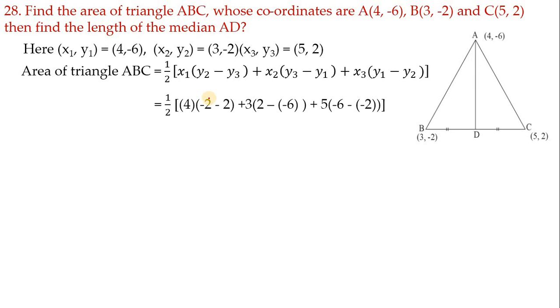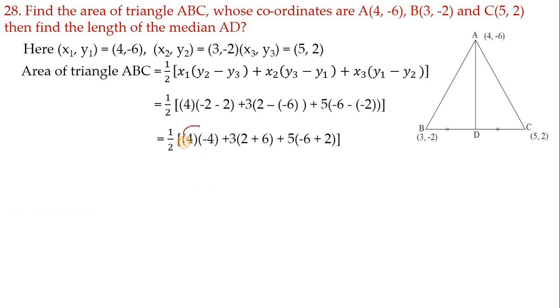First let us solve this one, children. Minus 2 minus 2 is minus 4. Here minus into minus is plus, so we'll get plus 6 here. And here minus into minus is plus, hence we'll get plus 2 here. Remaining all the things you write as it is.